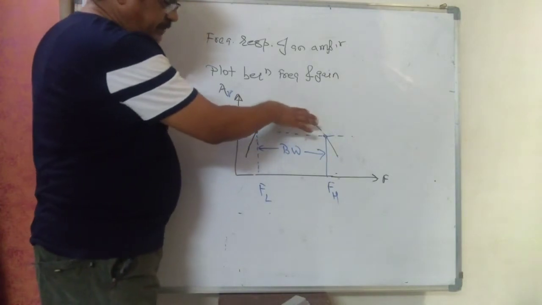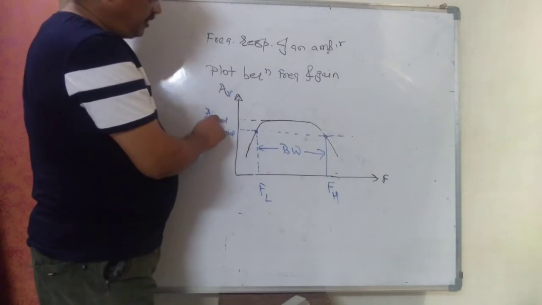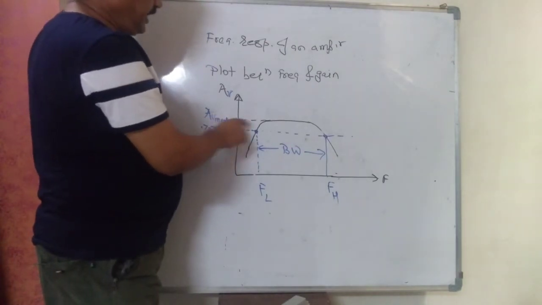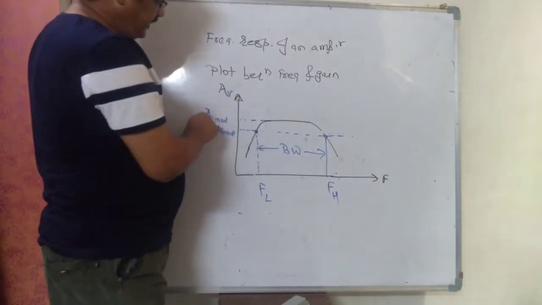So the gain in mid frequency region is AV mid. Mid band gain, mid frequency gain. The gain is remaining constant in these two frequencies, so that is indicated as AV mid.